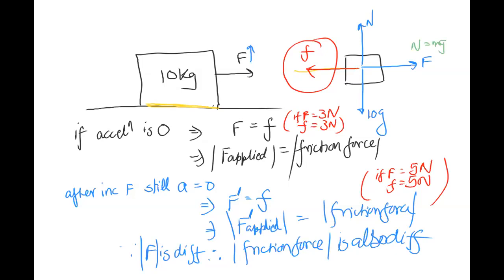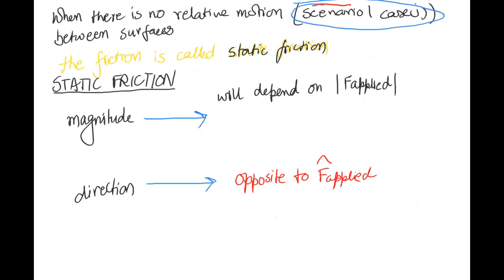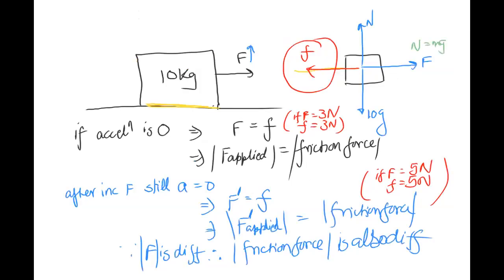ओके, and again I would like to place a warning here that I am only talking about scenario 1, case 1. Case 1 is when one surface is stationary, one surface is non-movable, and scenario 1 is that the other surface is also not moving. So in this case, friction is a dynamic object, its magnitude may change, its magnitude will change, right?